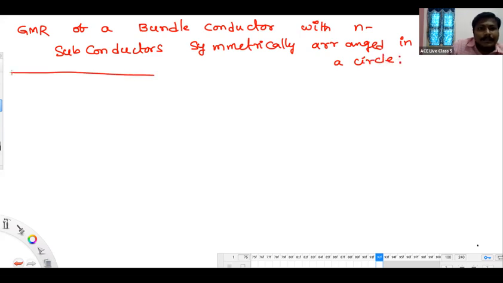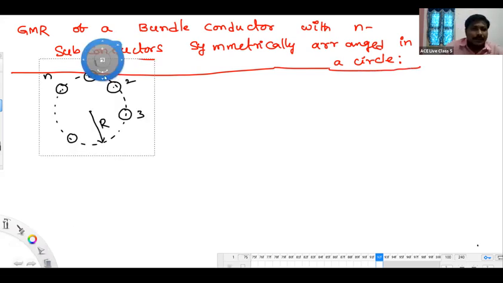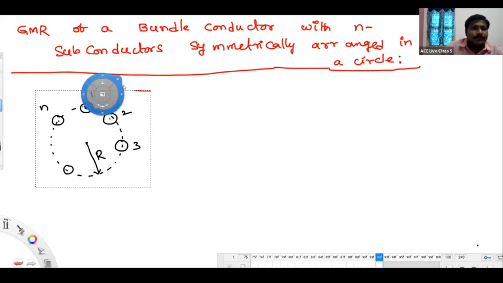I will copy the same figure, but now the radius of each subconductor is smaller. That is the thing we have to identify.